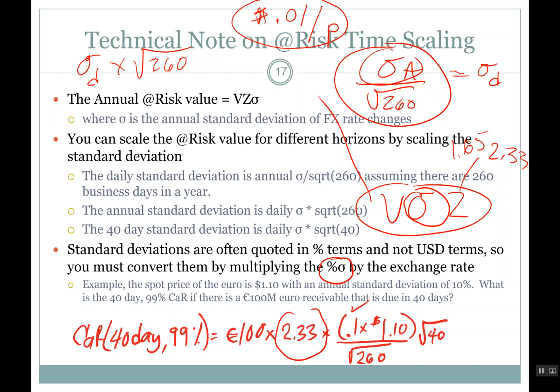If they give you that, just multiply times the exchange rate, and that'll turn it into the foreign currency. So for example, the standard deviation of the euro is 10%. The exchange rate's $1.10. That means the standard deviation in dollars is 0.11. So just a technical note if you see these come up.